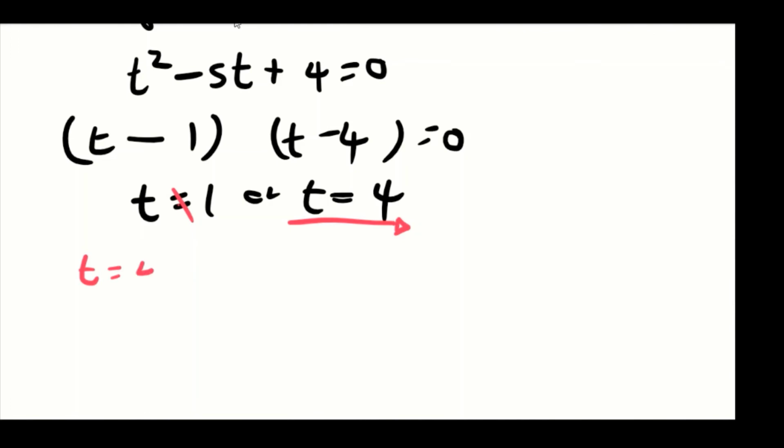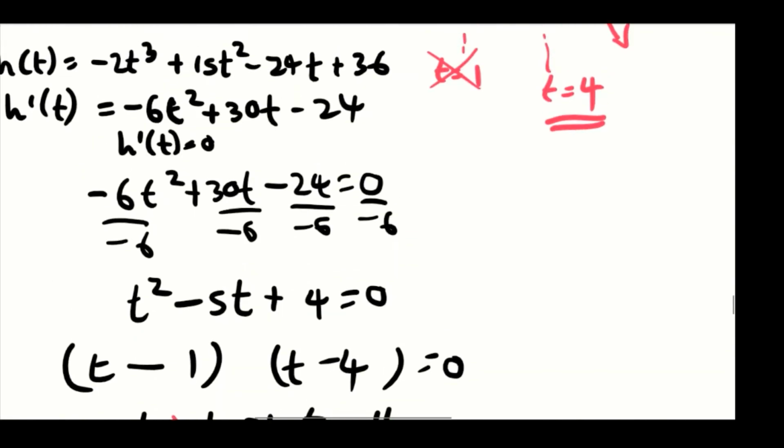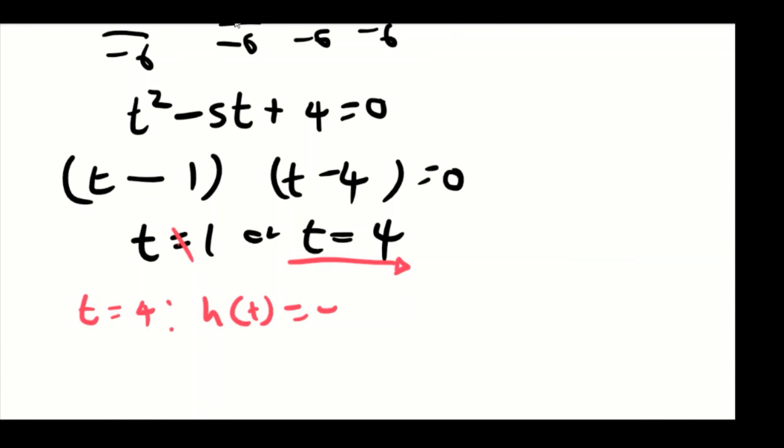So when I say t equals 4, I want to identify the height at t equals 4. We use our equation: h of t equals minus 2t cubed plus 15t squared minus 24t plus 36.